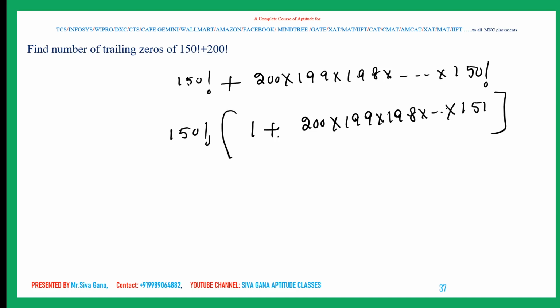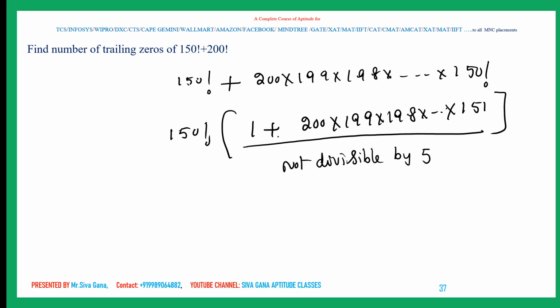Just observe, the number in the bracket is not divisible by 5, because it is 1 plus something. The product is multiplied with 200, which means the unit digit is 0. 0 plus 1 is 1.